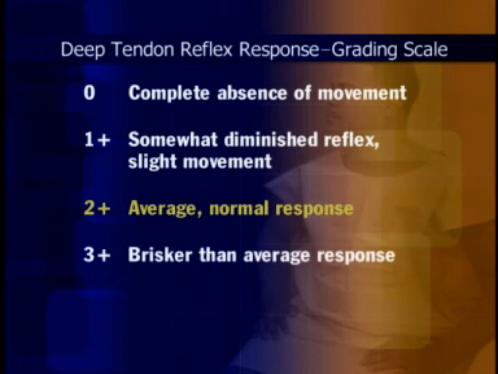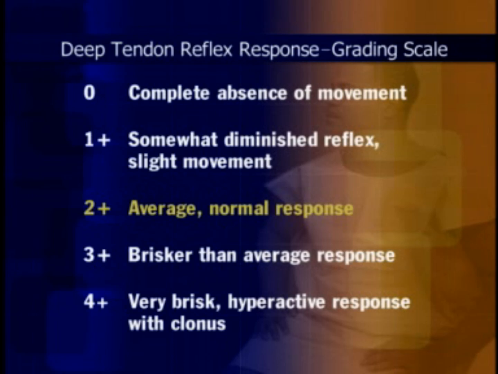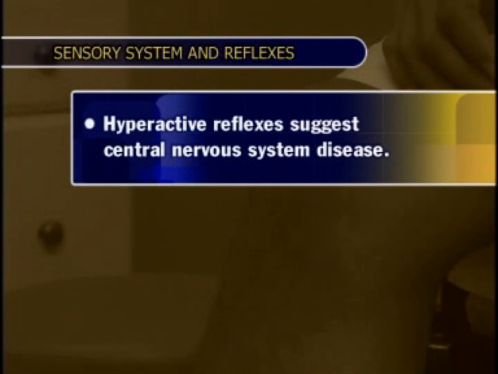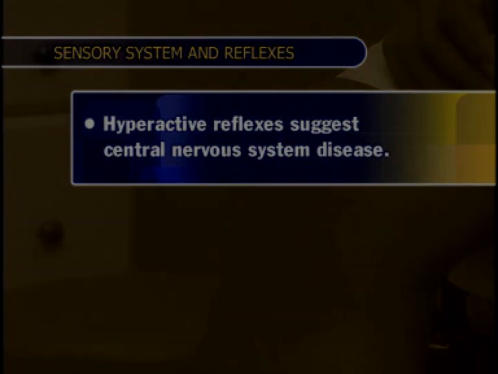A 3 plus reflex is brisker than average, but not necessarily abnormal. A 4 plus reflex is a very brisk hyperactive response. It is accompanied by clonus, a rhythmic oscillation between flexion and extension. Hyperactive reflexes suggest central nervous system disease.